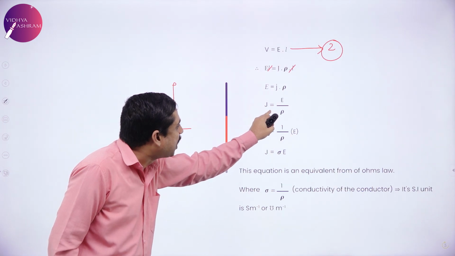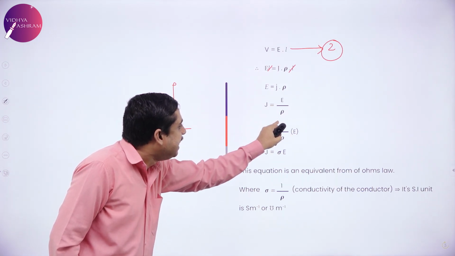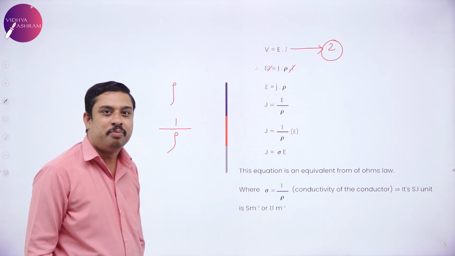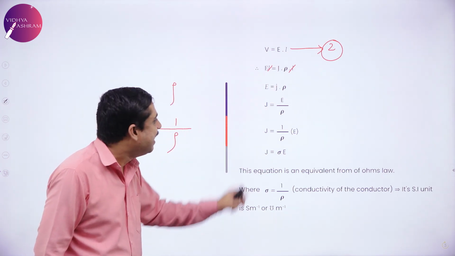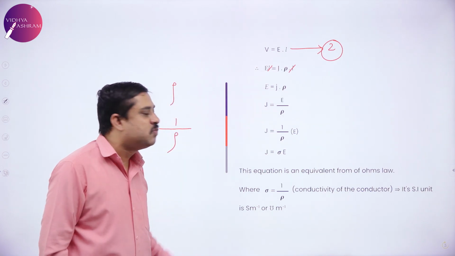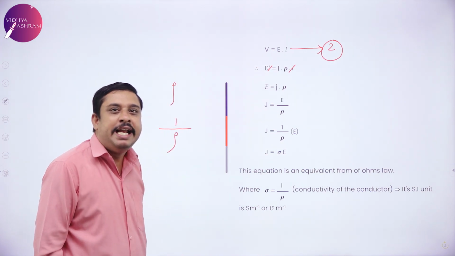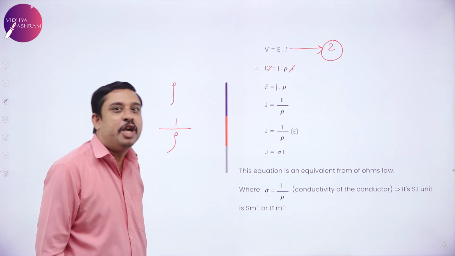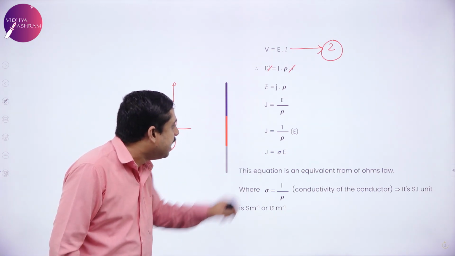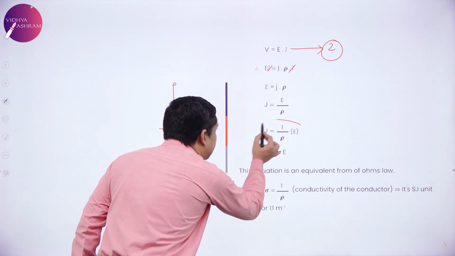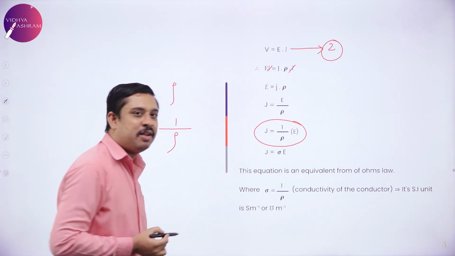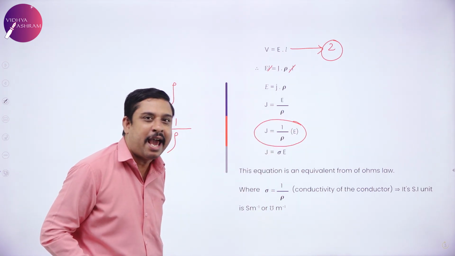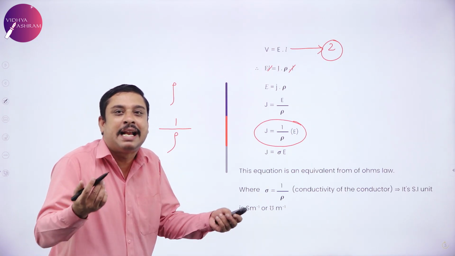So J equals E divided by rho. Beautiful, it has come out, see. I have rearranged. So J becomes equal to E divided by rho, or J equals 1 by rho into E. See, I got 1 by rho.